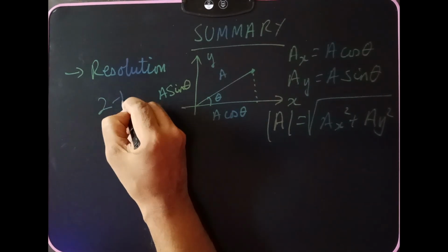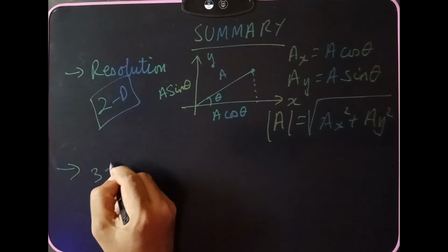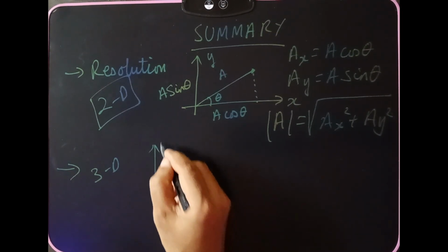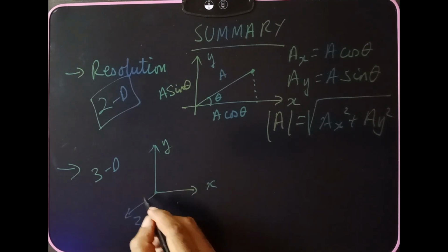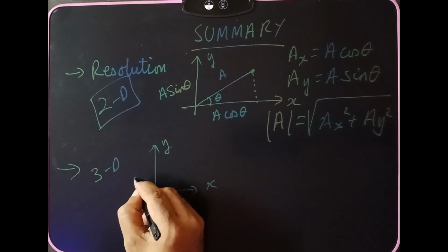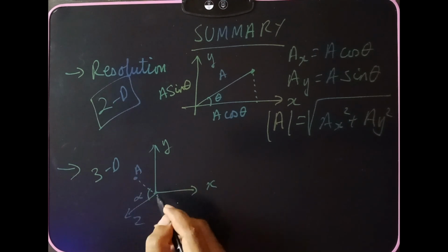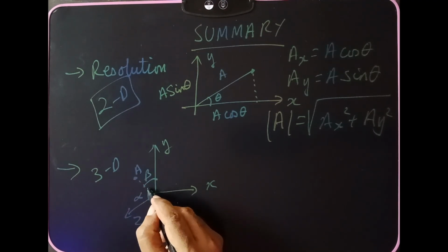This is for 2D. Then we have seen resolution for 3D as well, where we have a vector with y, x, and z axes. This vector A makes angle alpha with z, beta with y, and gamma with x.